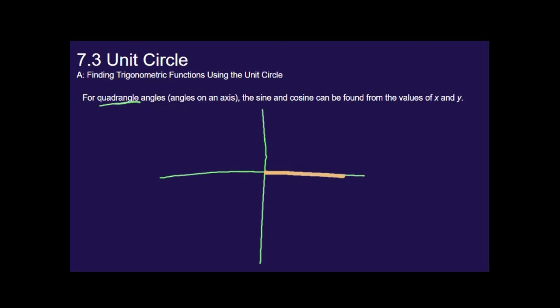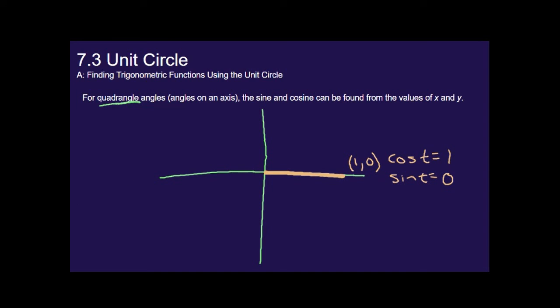that would terminate on the unit circle at point (1, 0), which means that in this case, the cosine of t, cosine is the x, would be 1, and the sine of t is the y, and that would be 0.